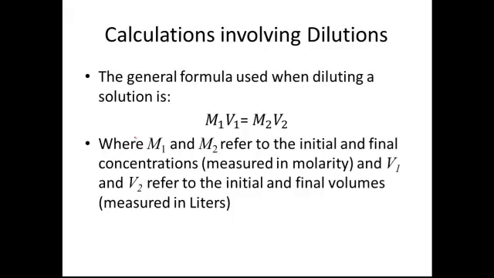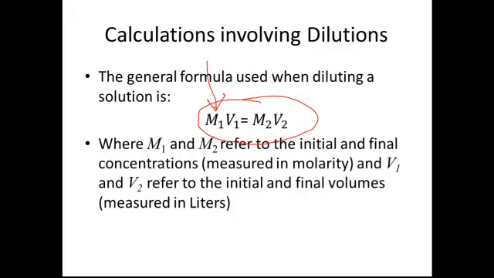Now, of course, that's a qualitative way of thinking about it. We also need to look at it quantitatively, involving numbers. The general formula that we use when we do dilutions looks like this: M1V1 equals M2V2, where the M1 and the V1 refer to the initial molarity times the initial volume.